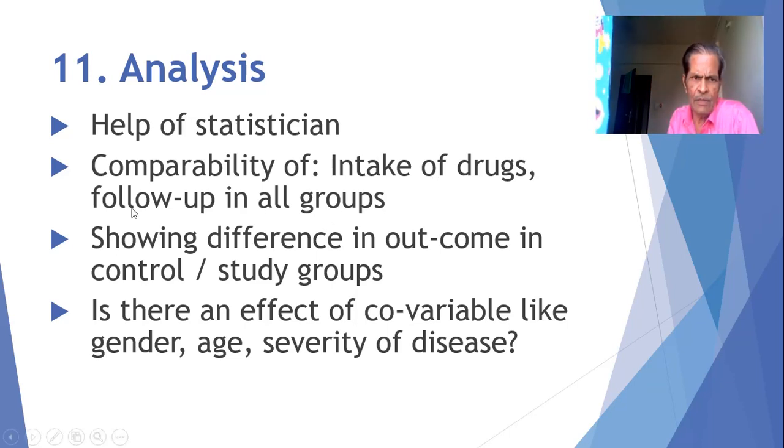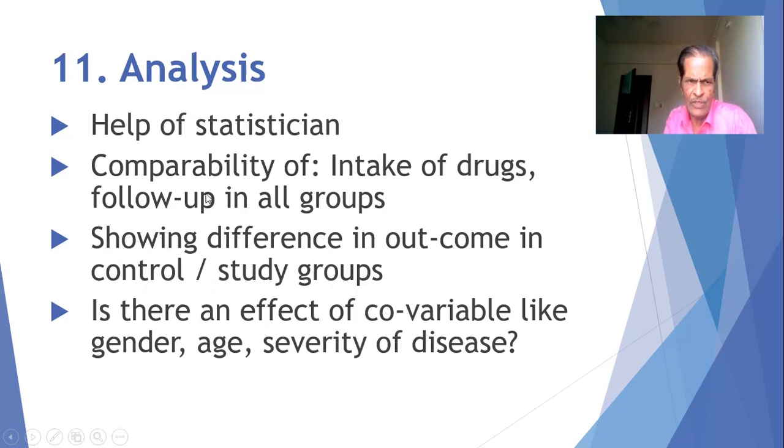Then the next step, having shown the comparability in respect of the intake of drugs and the follow-up, we also require to show their comparability with reference to gender, age, and the severity of the disease. Then, having shown the comparability of the two groups, we proceed on to show that there is a difference in the outcome in the control and the study group.